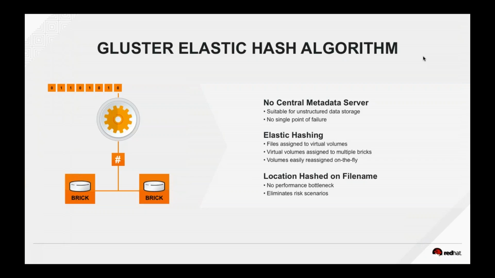So if a client asks for a specific file, it is hashed onto a specific node, so it knows exactly which node to go to and retrieve the data from. So it's a huge improvement in latency for retrieval of a specific file compared to other NAS storage solutions available in the market, including distributed storage. That's why there is no performance bottleneck, and it eliminates risk scenarios also.